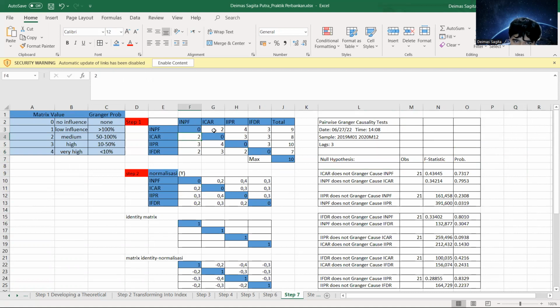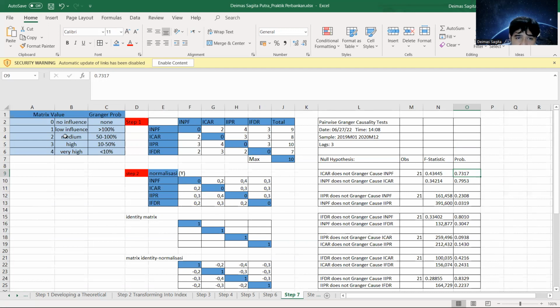Here you can see ICAR and INPF, the probability is 0.73, or it means 73%.